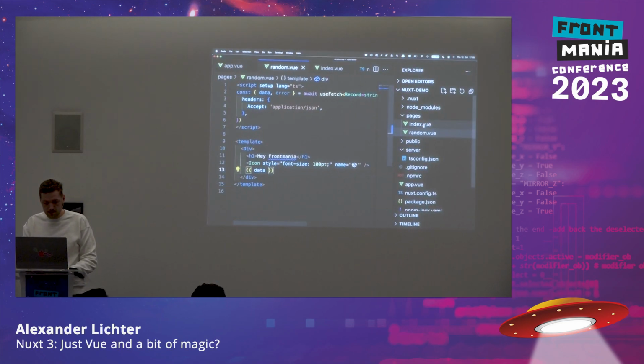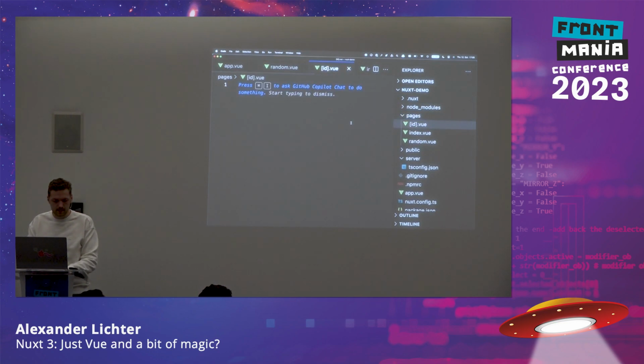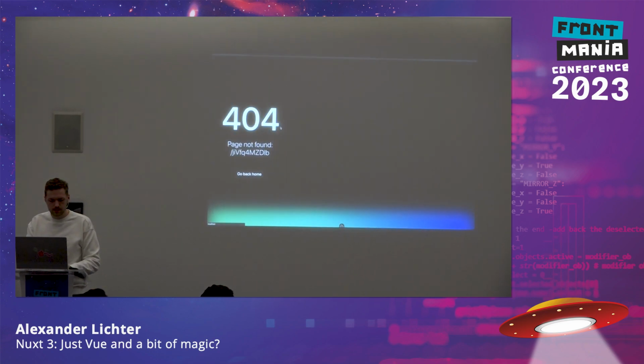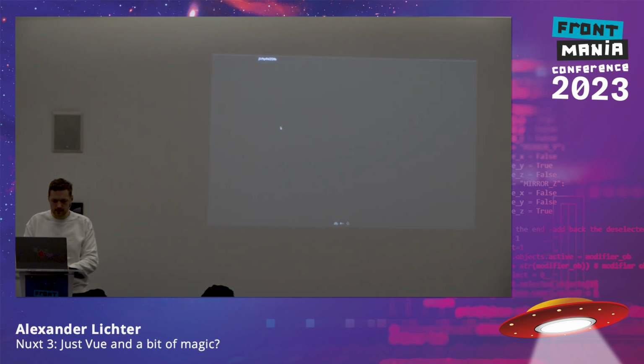So let's create a dynamic page, which means we say in square brackets, for example, ID here. And for that ID, we just create a Vue component and render exactly this, $route.params.id. You just say, okay, let's render the parameter that's passed. If I pass something else over here, it would be exactly that.